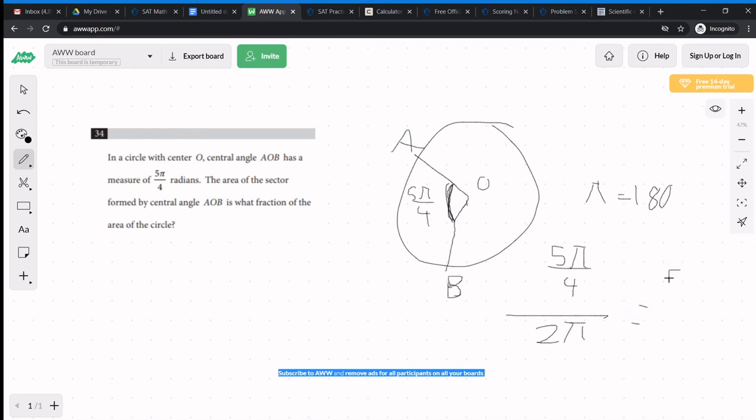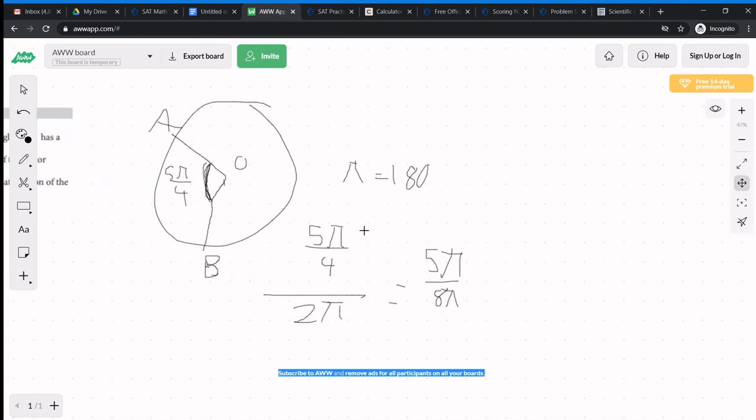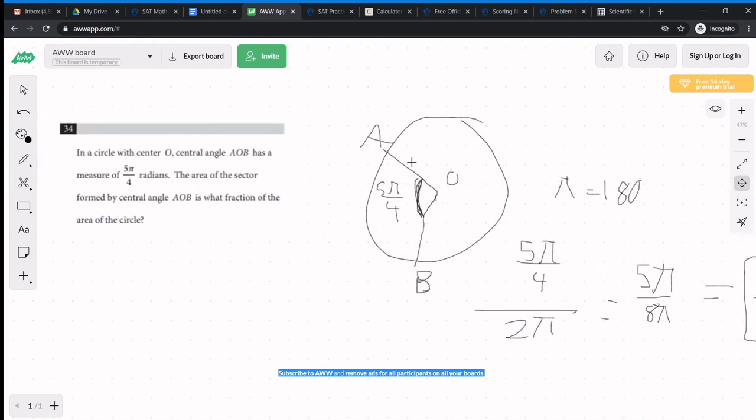We get 5 pi over 8 pi, and we get 5 over 8. So the fraction of this thing to the entire circle is going to be 5 over 8. Just like that. Just like with the circumference, the area of AOB in comparison to the entire circle is the same thing as the degree measure of AOB in comparison to the entire circle.